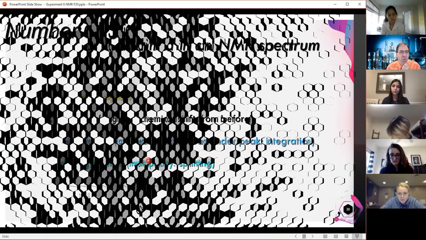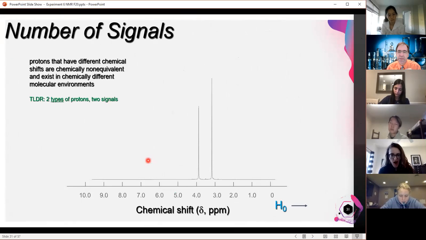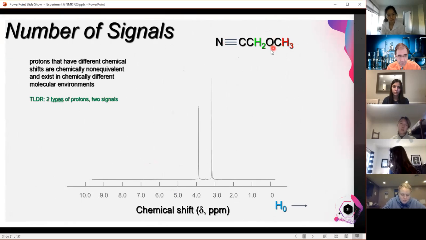All right, so we've already talked about kind of location. Let's talk about number of signals. In NMR, we talk about chemically equivalent protons. They're protons that have the same electronic environment. They're near the same other things. And so to give you an example, when we look at this molecule here, we have 2 types of protons.